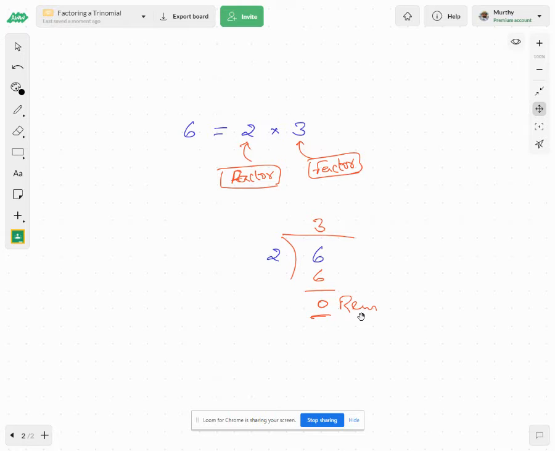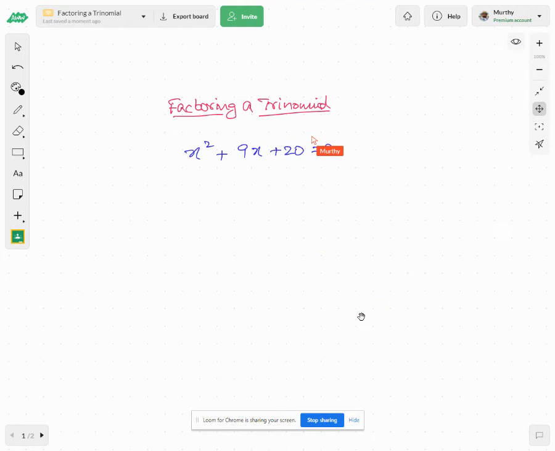So technically, if a value is given and you write it as a product of values like 2 times 3 that gives you 6, then 2 is a factor, 3 is a factor. Now back to our question here. You are expected to write x square plus 9x plus 20 as a product of 2 or more values.